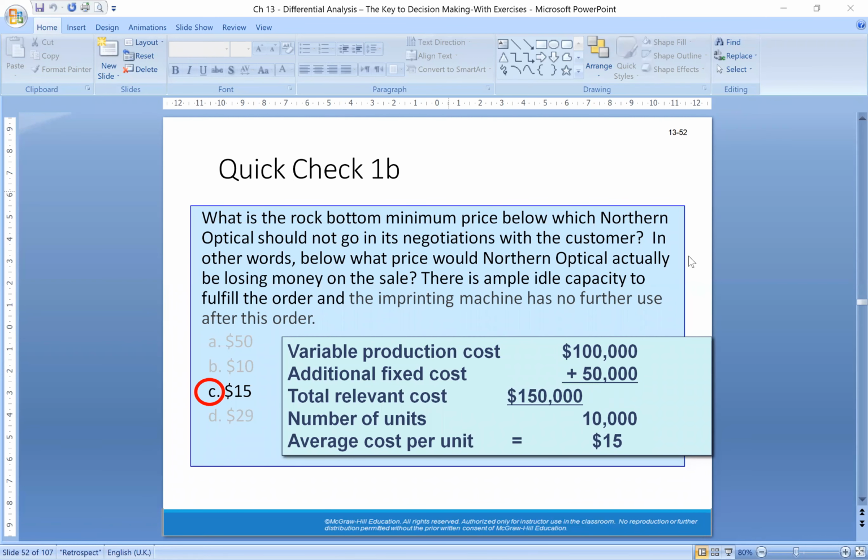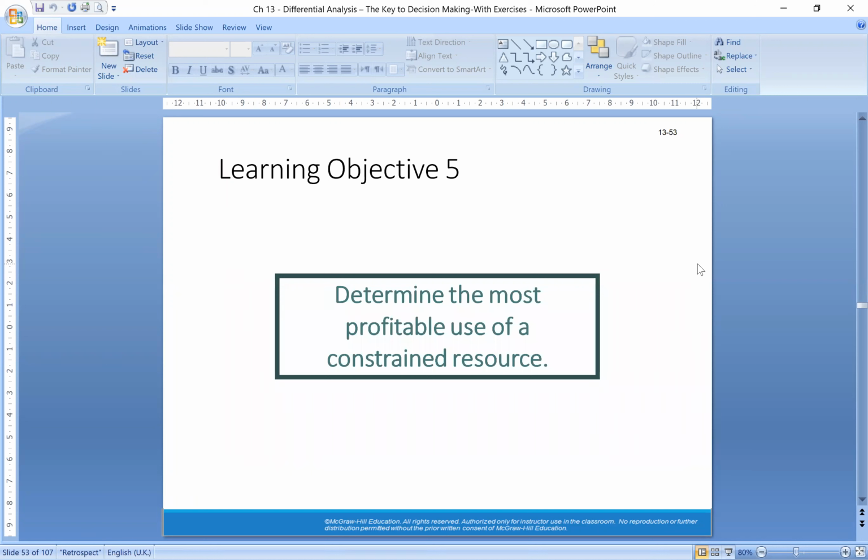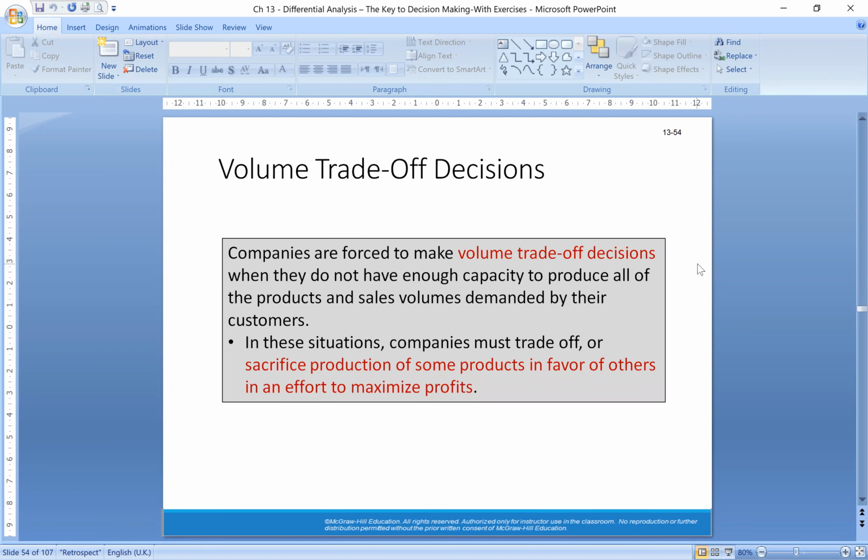Learning objective 5. Determine the most profitable use for a constraint resource. Constraint resource means what? A limited resource.